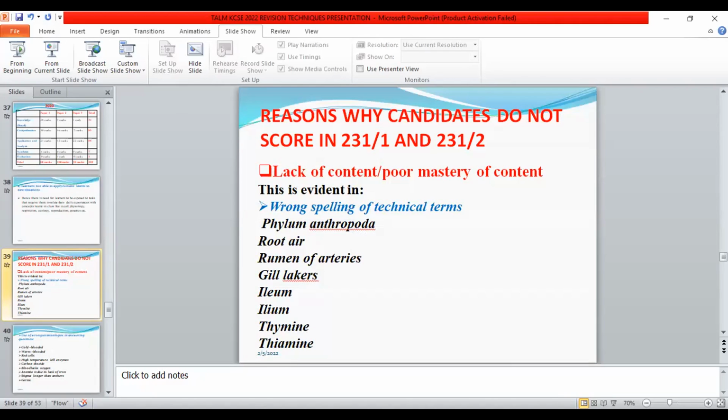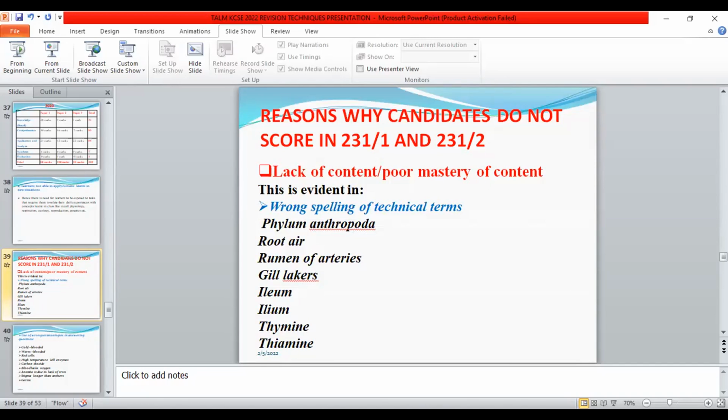Then we have thymine, the nitrogenous base that you find in DNA. If the student talks about thiamine, we met thiamine in Form 1. And strangely enough, not many students will appreciate that they have met thiamine in Form 1, simply because of our methodologies of teaching, where because we want to rush and cover the Form 1 syllabus, we normally approach that based on the uses of the various vitamins in our body.